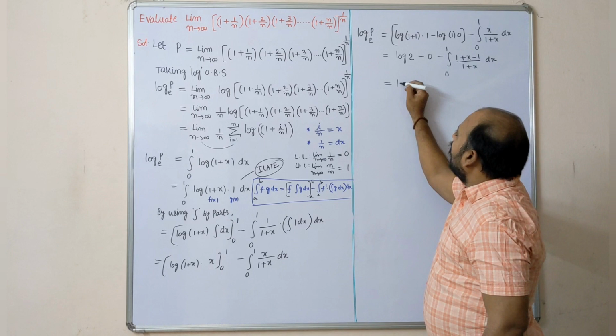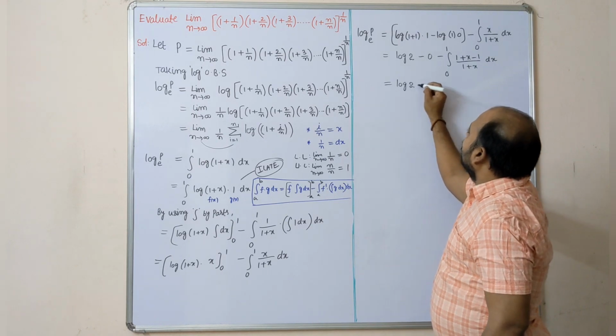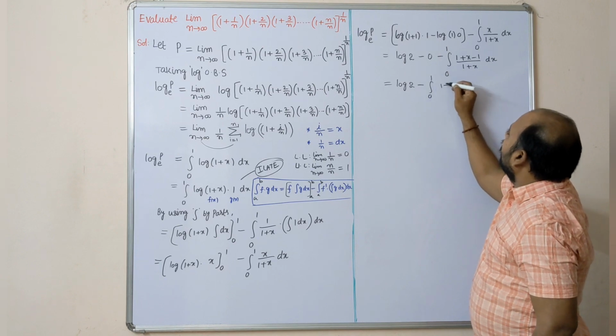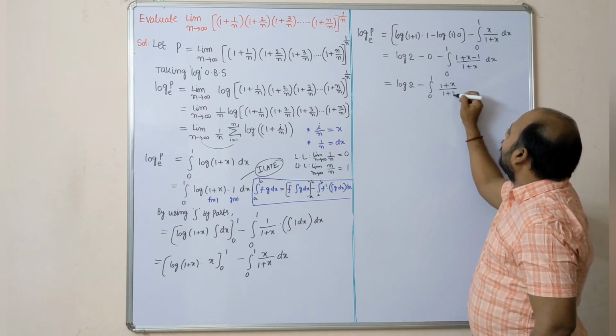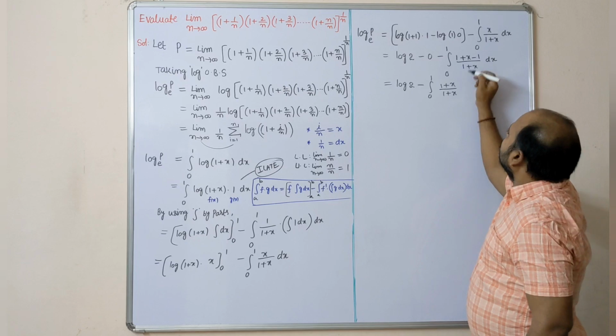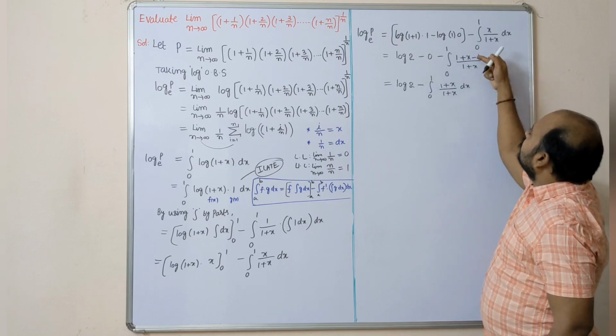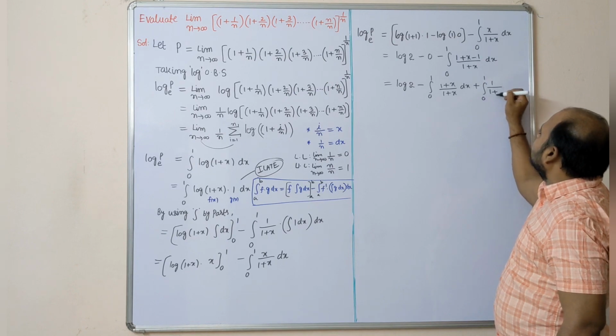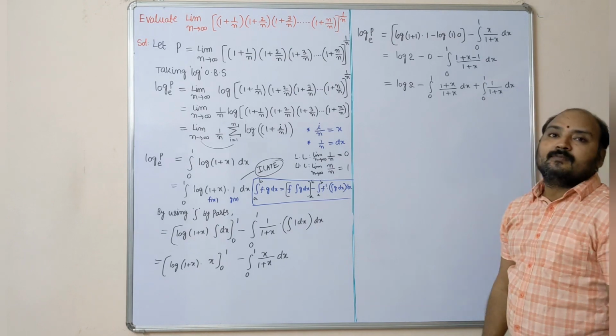So this is equal to log 2 minus integral 0 to 1 of 1 plus x divided by 1 plus x into dx, minus into minus plus integral 0 to 1 of 1 by 1 plus x into dx.